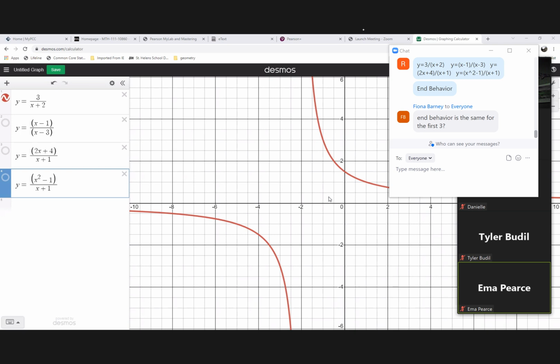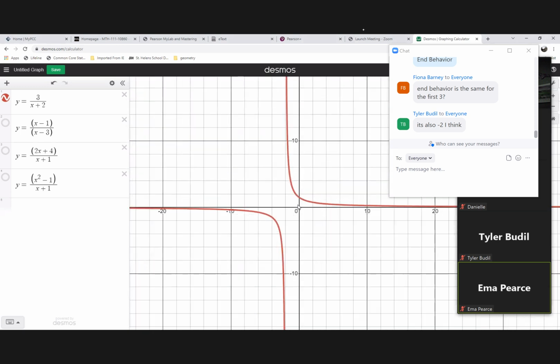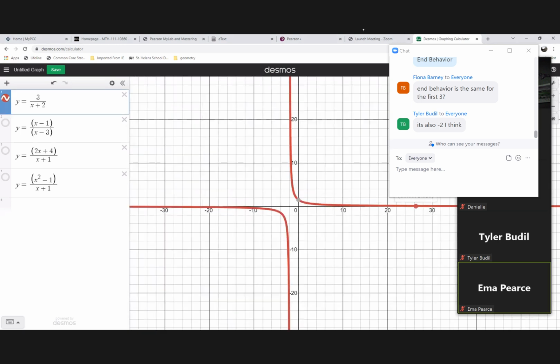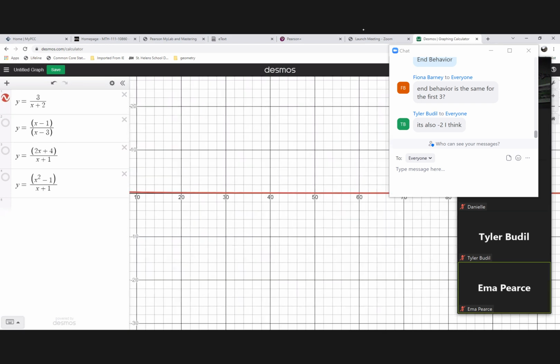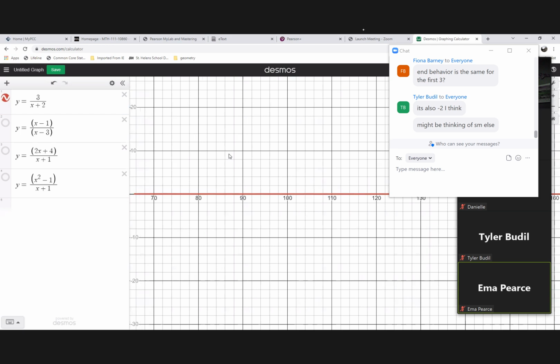So when we think about end behavior, we're looking at what this thing is approaching as far as the y value as x gets bigger or smaller, because that's how end behavior is defined. So as x gets larger way out here, what is this y value getting close to?